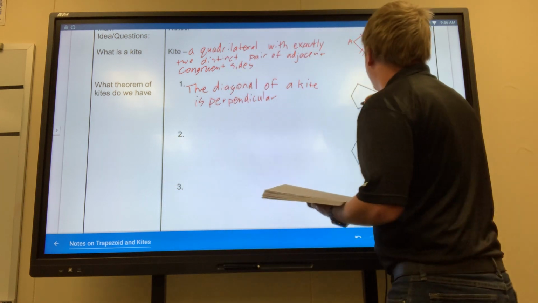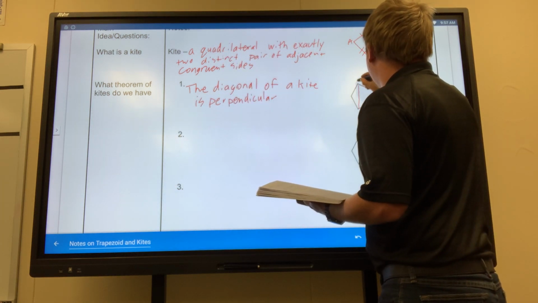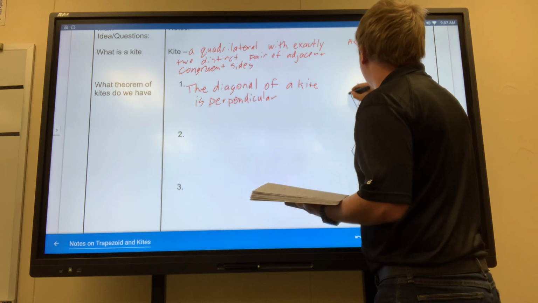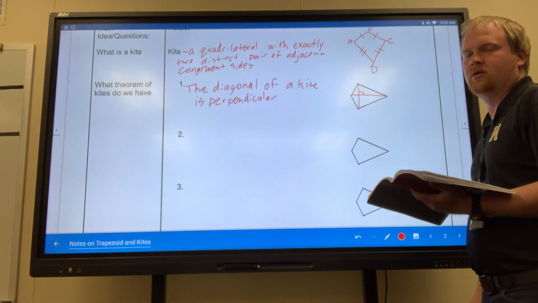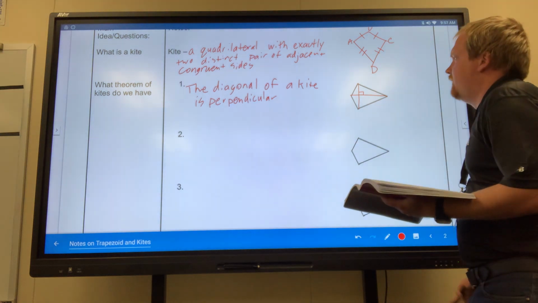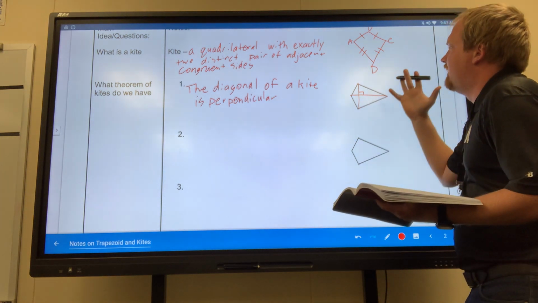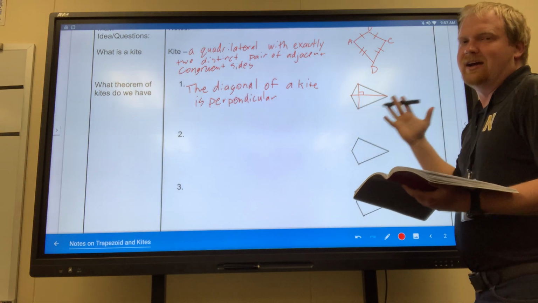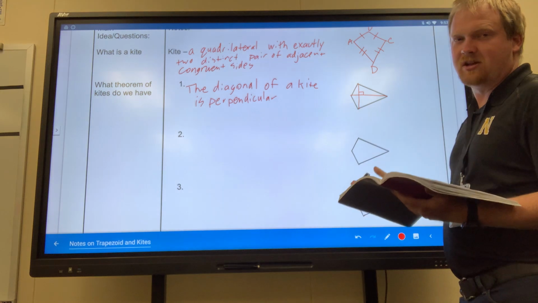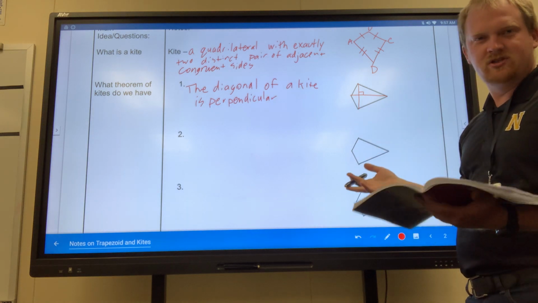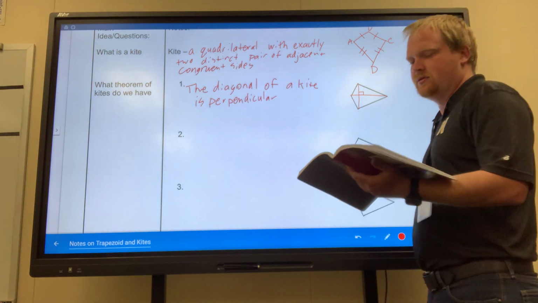So what does that mean? So if I draw, here's one diagonal line, here's the second, bam, I got a right angle in the middle. So if I look at it like that, I have a right angle, which means I have a pair of perpendicular segments, which again means I form a right angle.